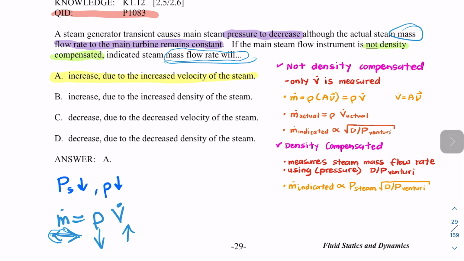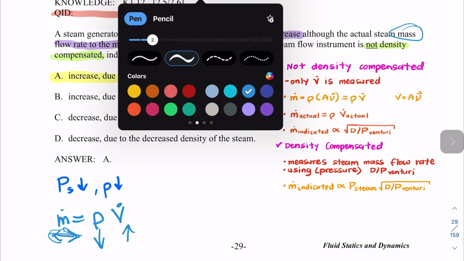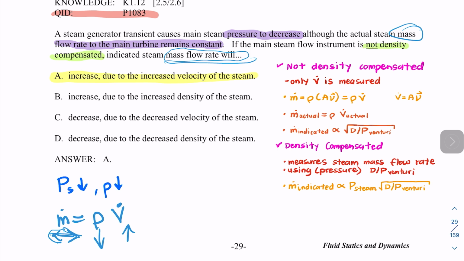So remember that in this case, the mass flow rate is going to be proportional to the square root of my differential pressure, right? So in this one, my differential pressure increases, right?